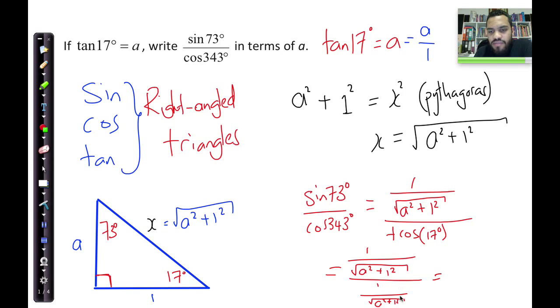And when you have the same thing over the same thing, we can just conclude that the answer is 1. That looks very similar to A over A, or B over B, or chicken over chicken. If I have 1 over root a squared plus 1 squared over that exact same thing, then the solution is 1.